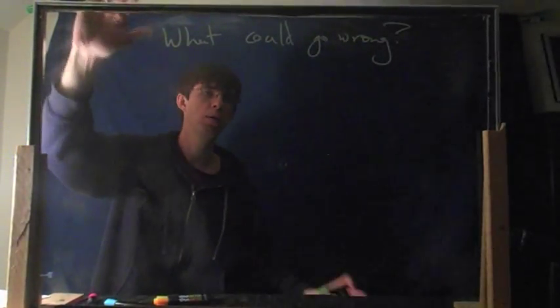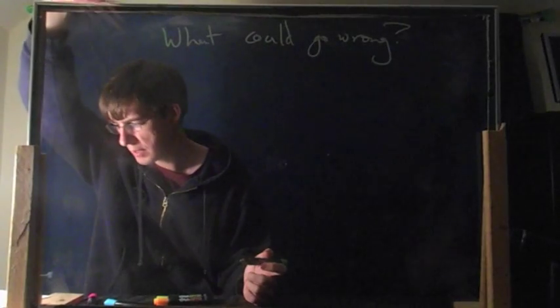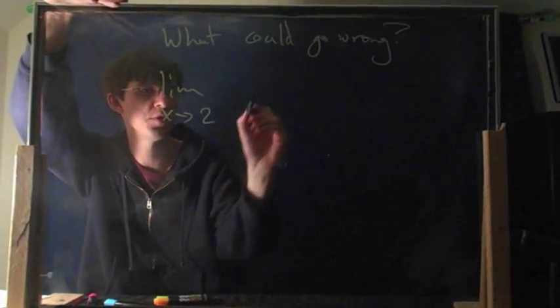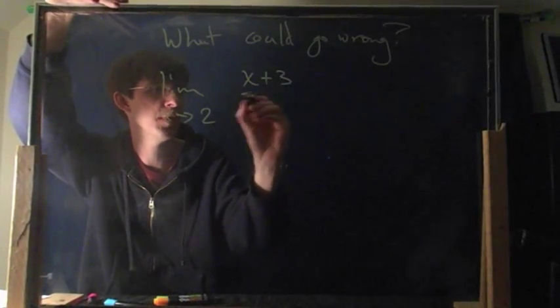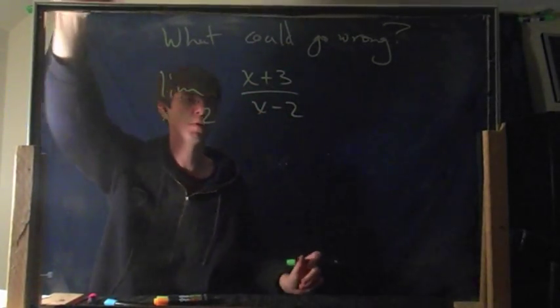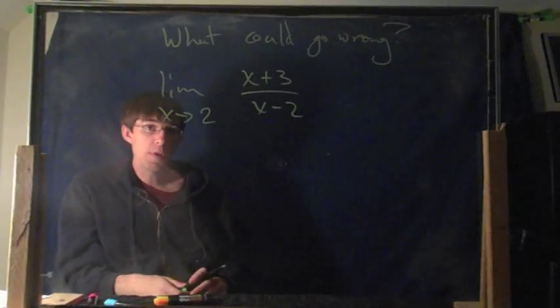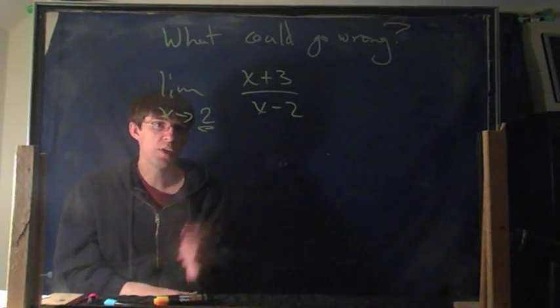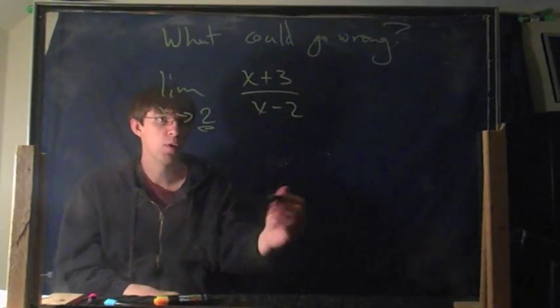Here's one where something a little weird happens, right? How about this? The limit as x goes to 2 of x plus 3 divided by x minus 2. All right? In the spirit of just plug it in, what should we do? Just plug it in. That is, you plug in 2 for x over here. What do you get?